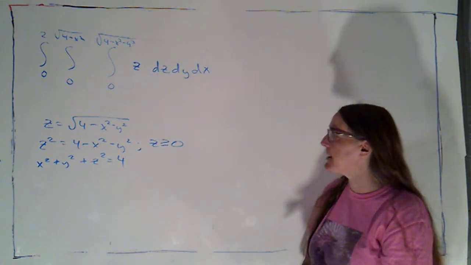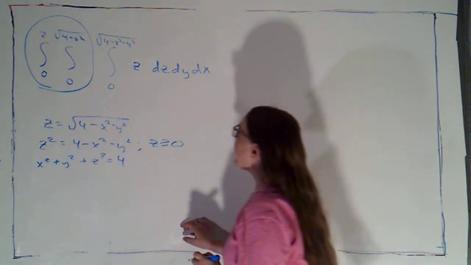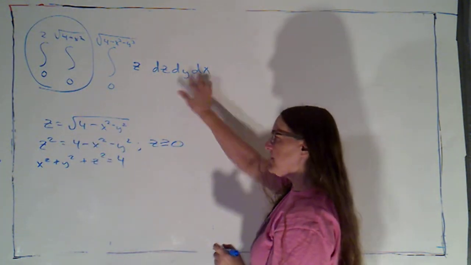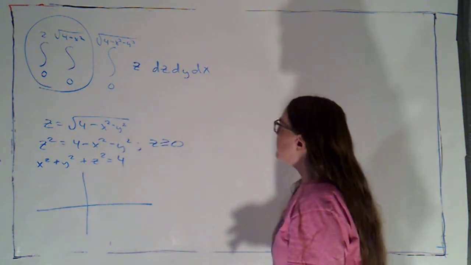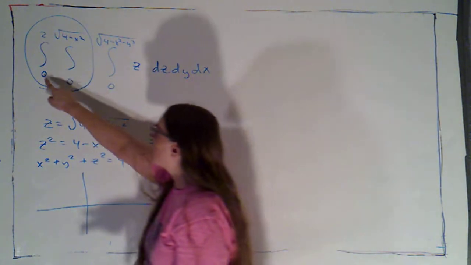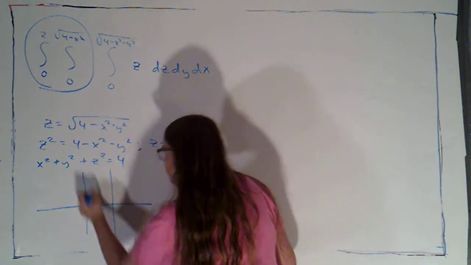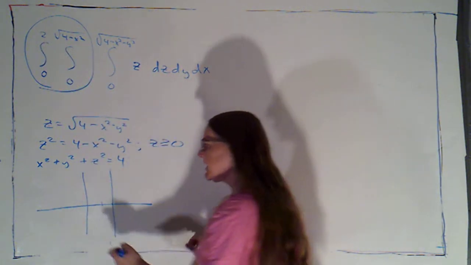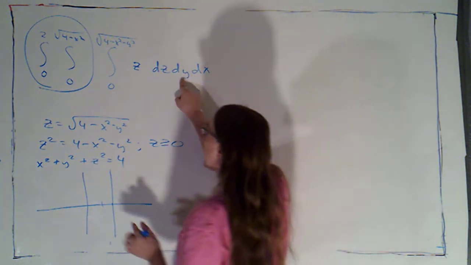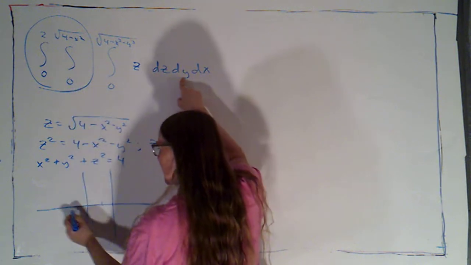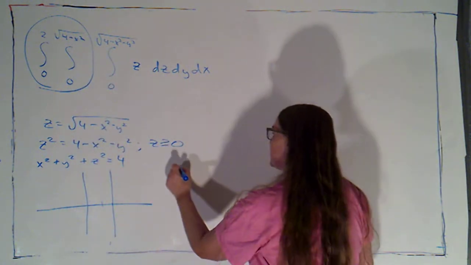Excellent. Now, these together describe the region I'm going to have in the xy plane. So x is just going from 0 to 2. The y-axis and the vertical line x equals 2 are my left and right boundaries. Y is going from 0, that's just the x-axis here, to the square root of 4 minus x squared.